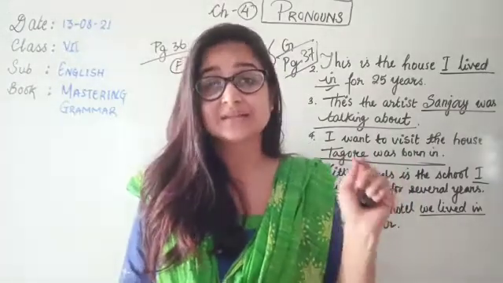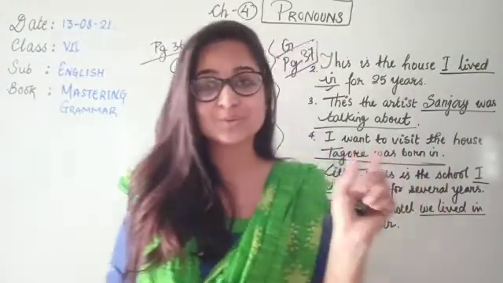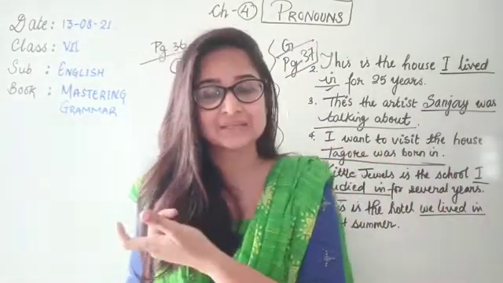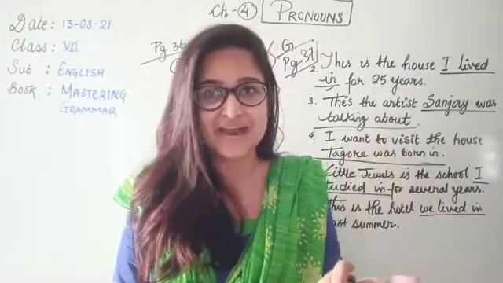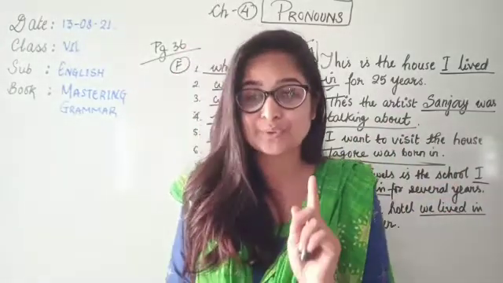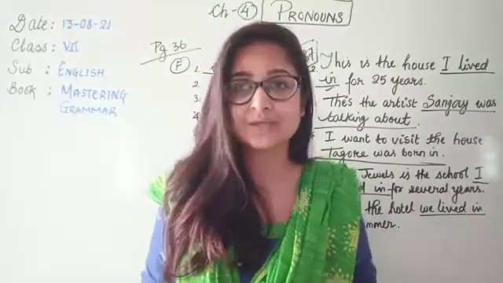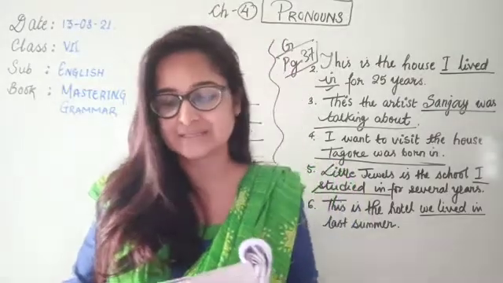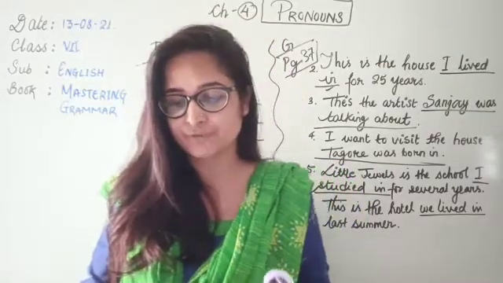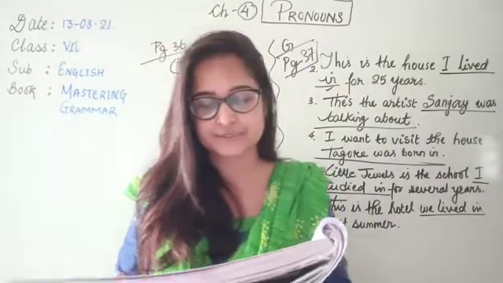Like if I say the lady who, for this lady only I am using the term who. So the lady becomes the antecedent. We have to keep in mind that we are always going to use the relative pronoun closer to the noun or pronoun it's representing. Otherwise, the sentences might appear absurd.